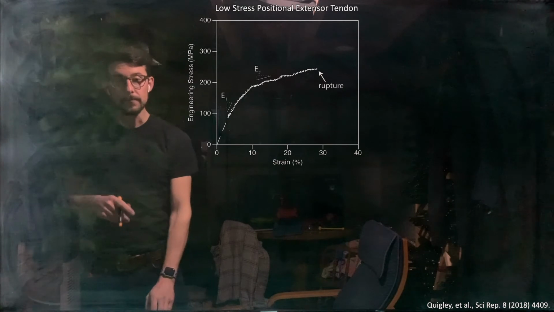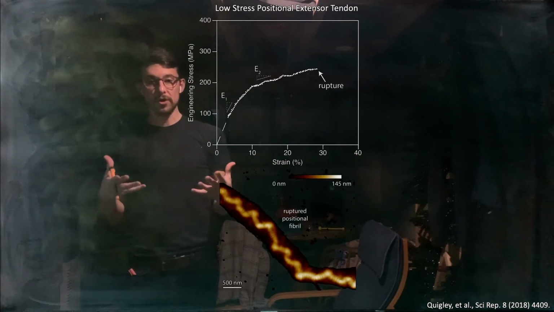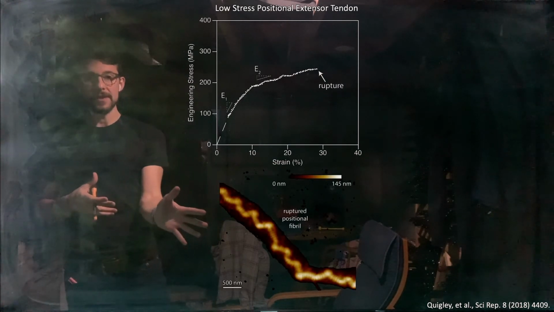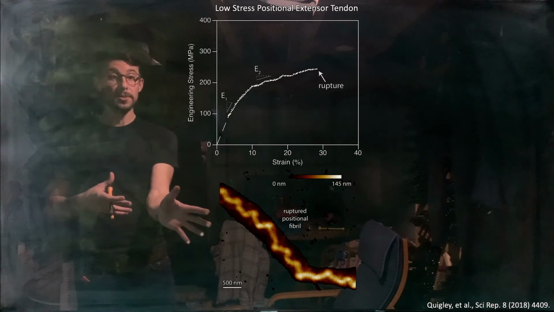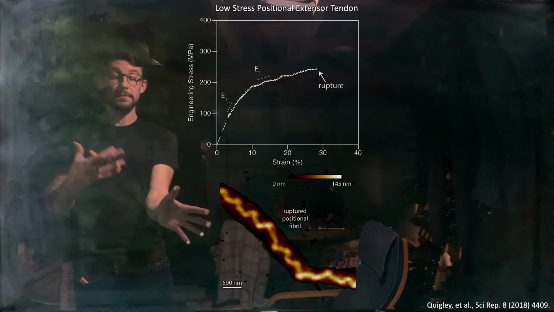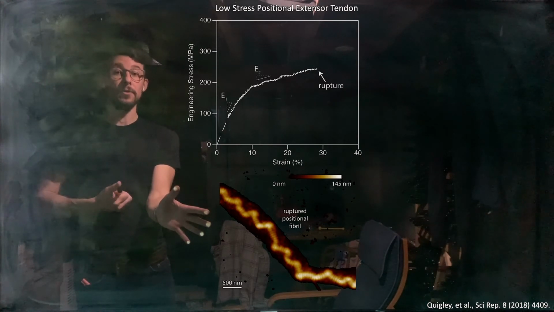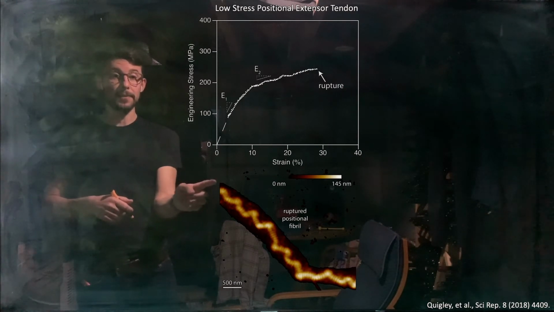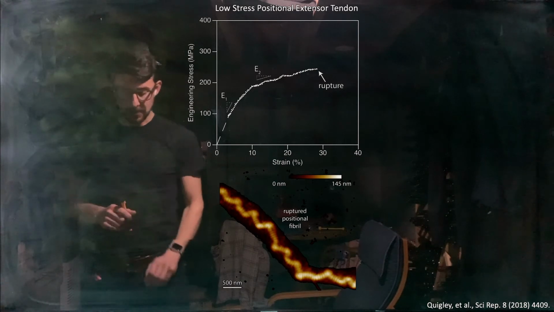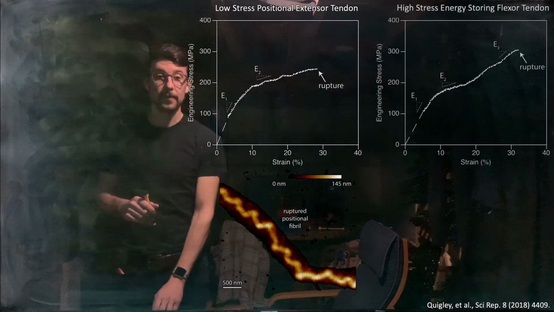Okay. So when you rupture one of these fibrils, you get that very deformed look that's very similar to what we saw in the electron micrographs from yesterday, where you've got the fibril with all of these kinks occurring along it.